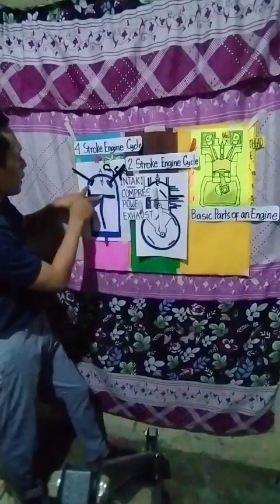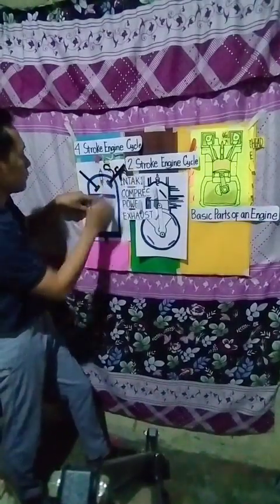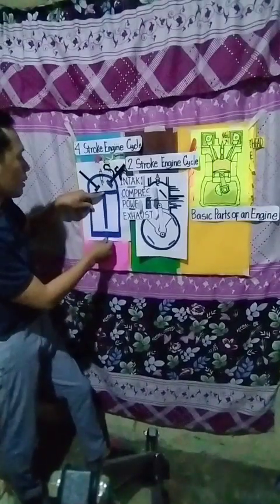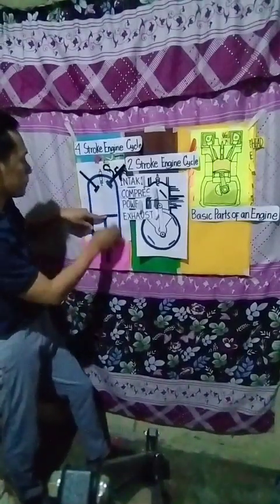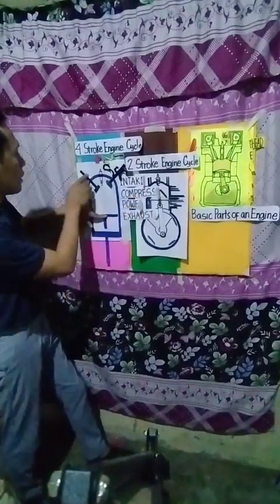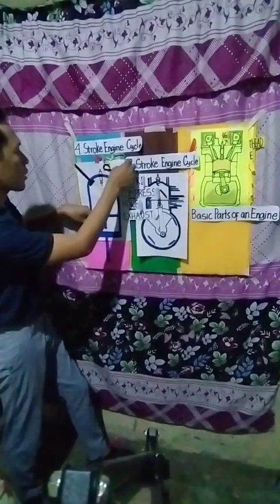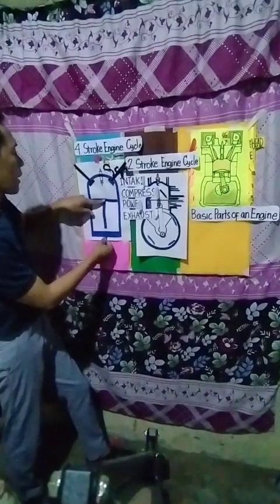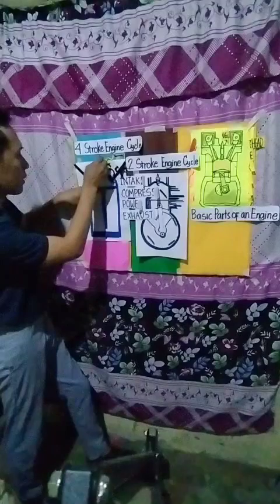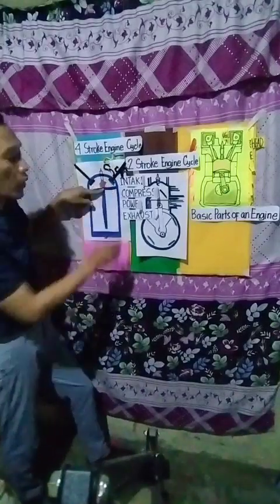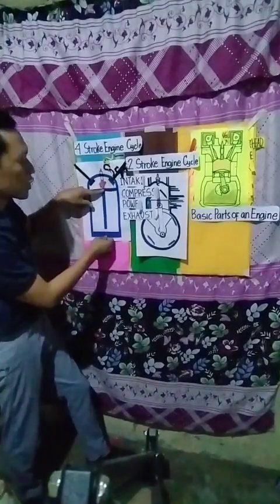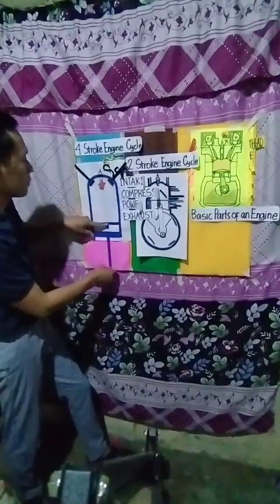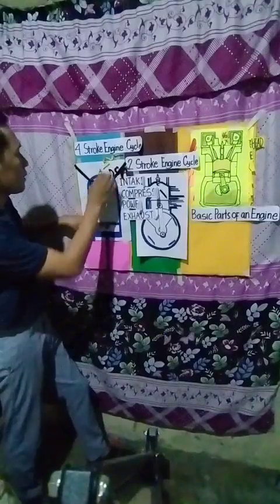Intake, valve open, gas and fuel mixed together, then compressed. Inlet valve closed, exhaust valve closed, then the piston moves to the top dead center, then the power explodes, and the piston moves powerfully down, creating gases.